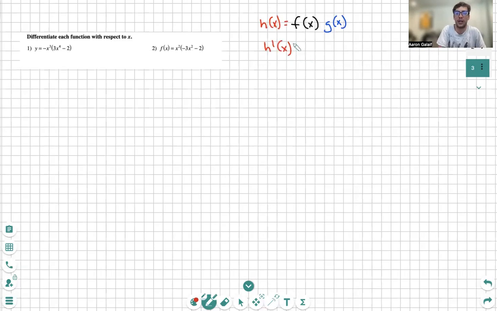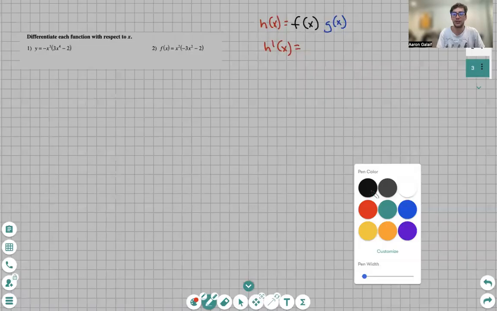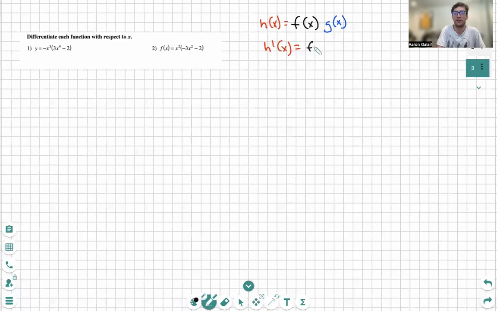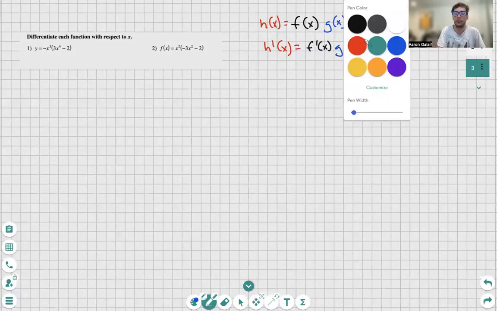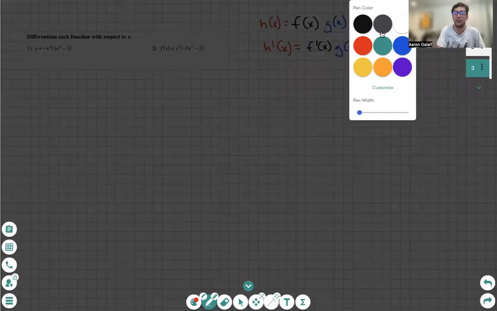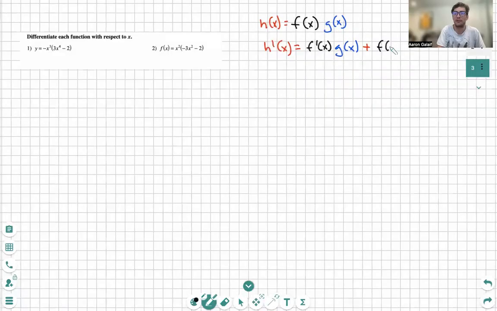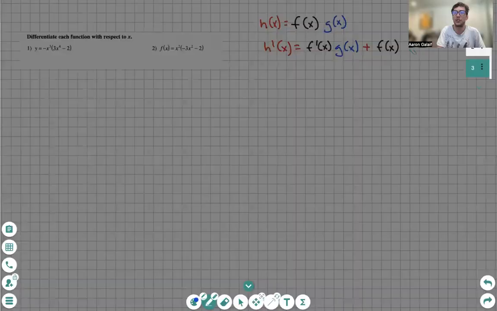In order to do that, I can't just derive them straight ahead. What I need to do is derive the first one, the f, and the g stays the same. We put a plus in between, and then we flip it. We do not derive the f of x. We leave the f of x there, and we derive the g of x.